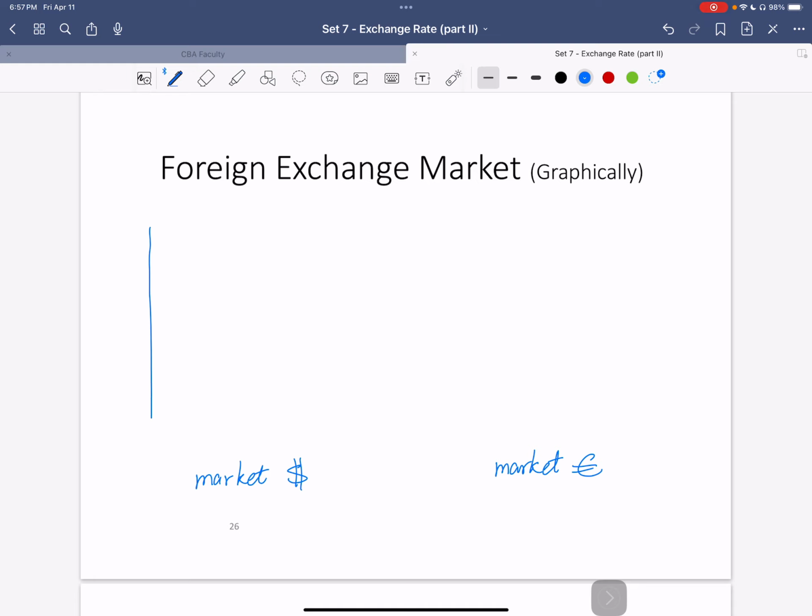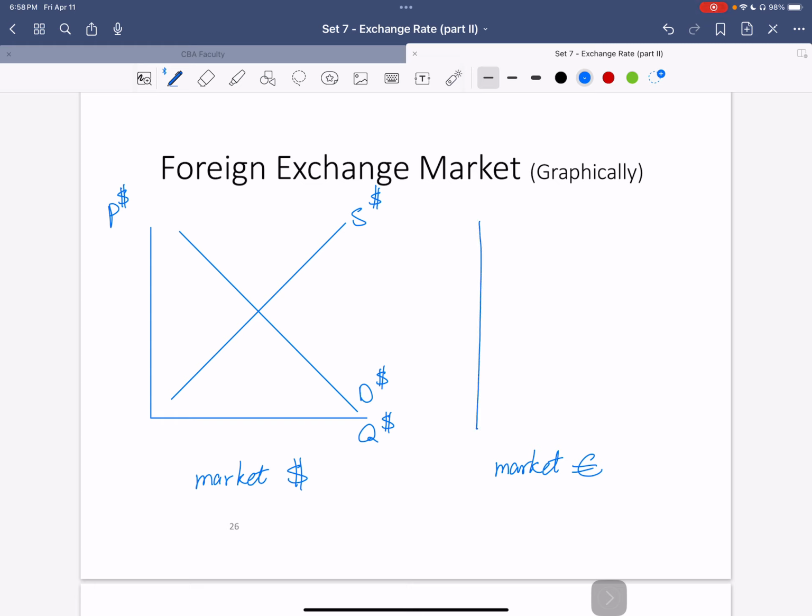For example, if I'm talking about dollar market, I'm gonna have at the same time supply and demand for dollar. Okay, so if this is the supply for dollar, this is the demand for dollar, this is the quantity of dollar available in the market, and this will be the price of dollar in that market.